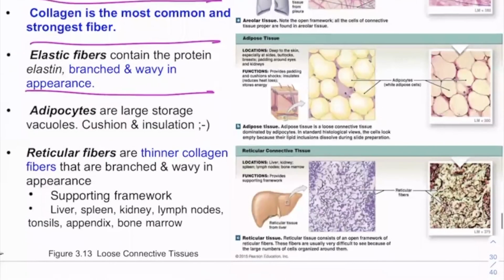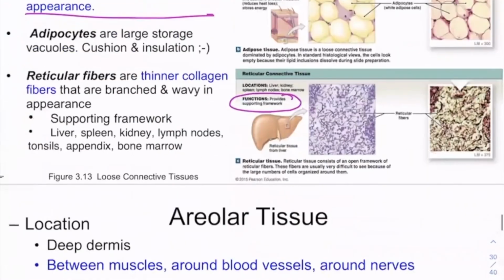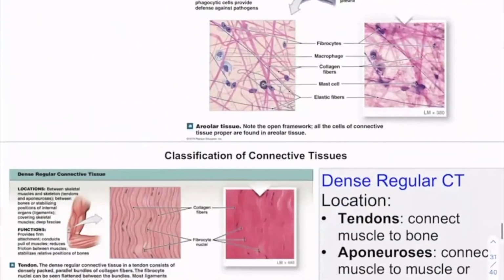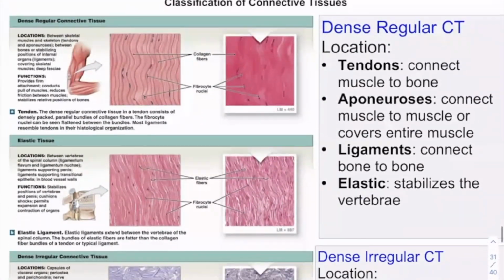Reticular is also great for providing a framework or structure to something. So these are structural, or providing energy, or supporting things. And so each goes through location, function, and what the matrix consists of. So I want you to go through areolar tissue, look at where it's located, look at its function, and what kind of matrix it has.